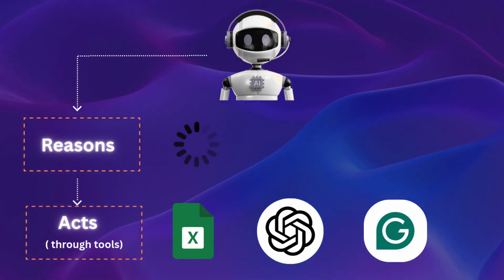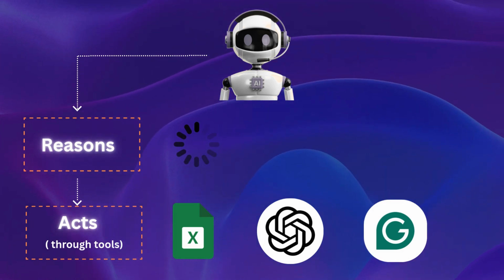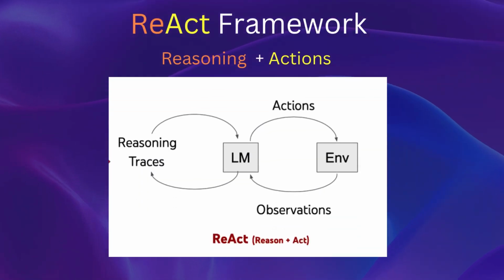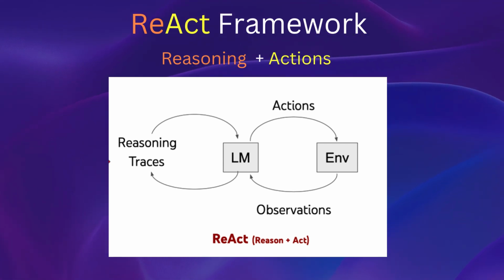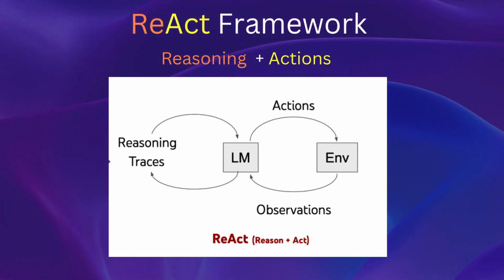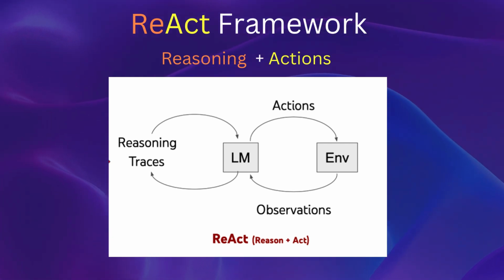It decides which tools to use and how to use them to execute the plan. Pro tip, this core loop of reasoning about the task and then acting using tools is so fundamental that it's often called the REACT framework. Reason plus act.